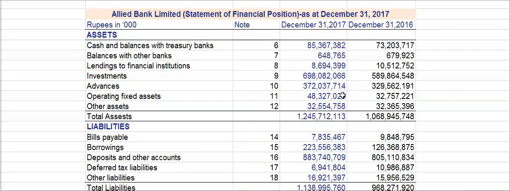We will go to the balance sheet, advances over total assets, multiply by 100.